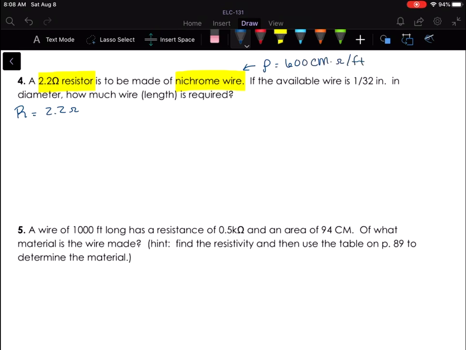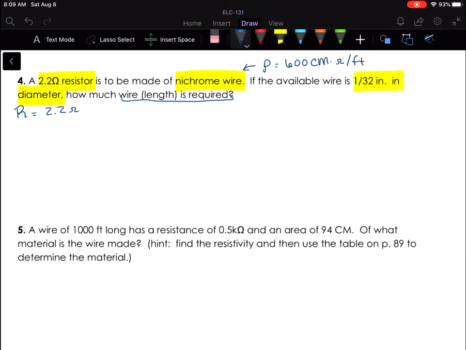So I looked that up. If you need one of the resistivity numbers, like on a test, I will give that to you, but there is a table in your book and you can look that up as well. The available wire is 1/32 inches in diameter. So we have the diameter, and we're asked how much wire is required, or the length.